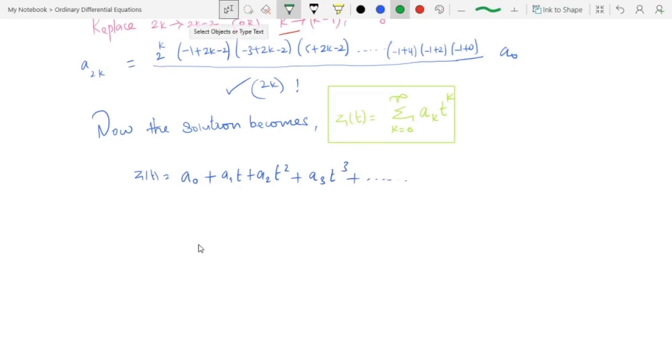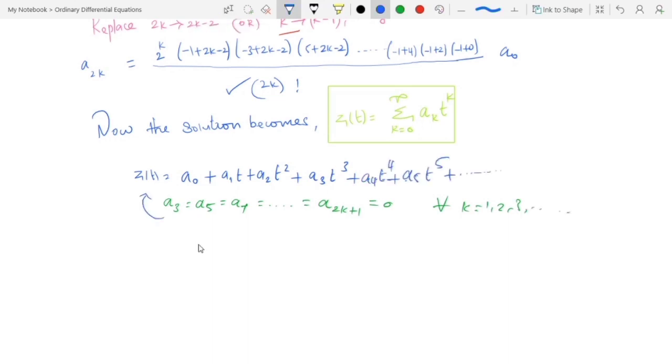We have proved a3, a5, a7. In general, a suffix 2k plus 1 is equal to 0 for all k varies from 1 to 3 and so on.